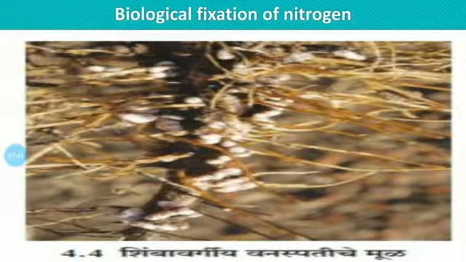and that compound form is used by the plant for nutrition. Plants produce carbohydrates by photosynthesis, and carbohydrates are made from carbon, hydrogen and oxygen. Proteins are made from carbon, hydrogen, oxygen and nitrogen.